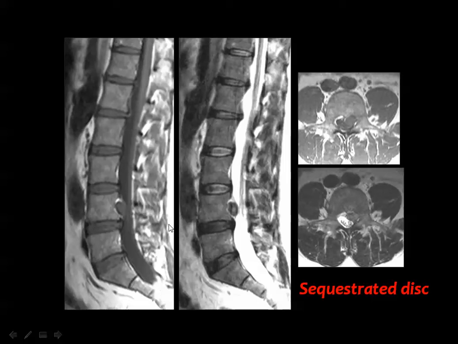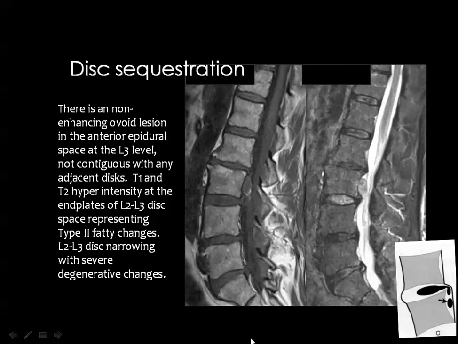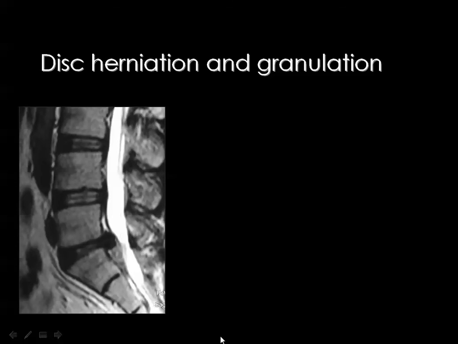Here you see the L45 disc is herniating and migrating towards the cranium, and you see a big disc fragment that has been separated from it, and this is disc sequestration, which is of course to the left side, as you can see here. This is also another example, and you see a disc fragment here, which is also well seen here, and this is disc herniation, cephalic migration, and sequestration.